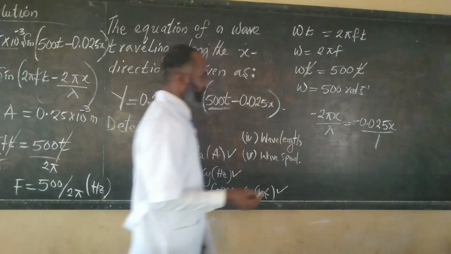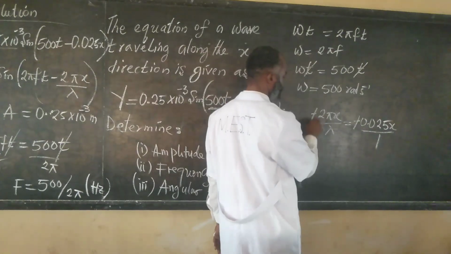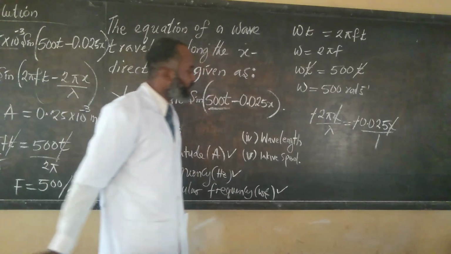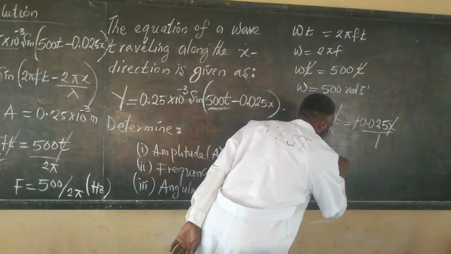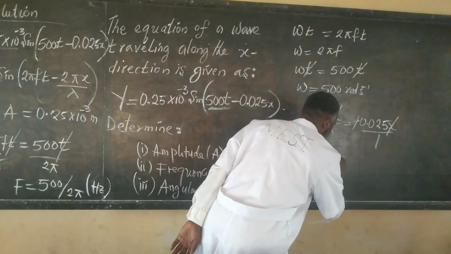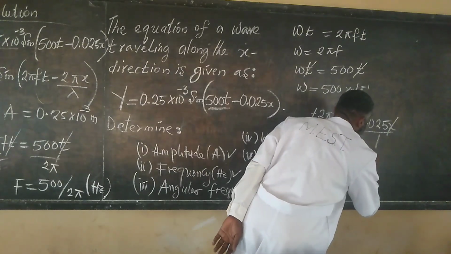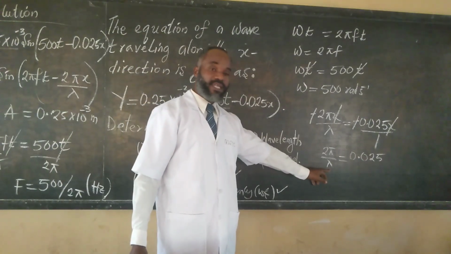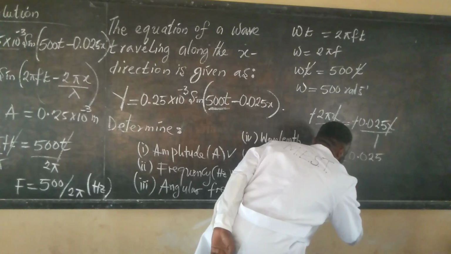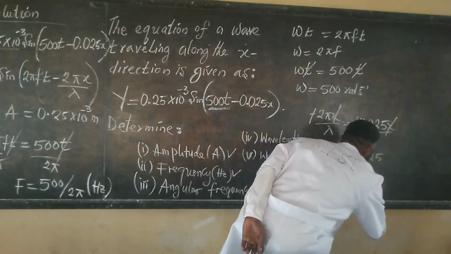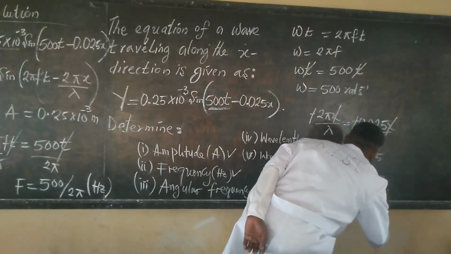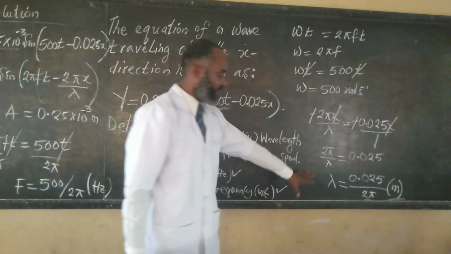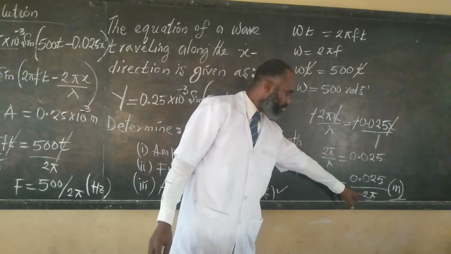That means we cancel the minus and we cancel x, and the remaining part is just 2 pi over wavelength is equal to 0.025. So we make the wavelength lambda the subject, and it becomes wavelength is equal to 0.025 all over 2 pi, and wavelength is measured in meters. Simple. So that is it. Further simplification, 2 times the value of pi.